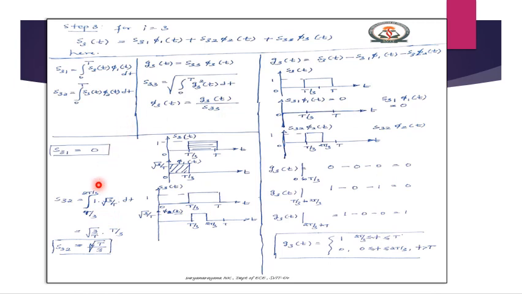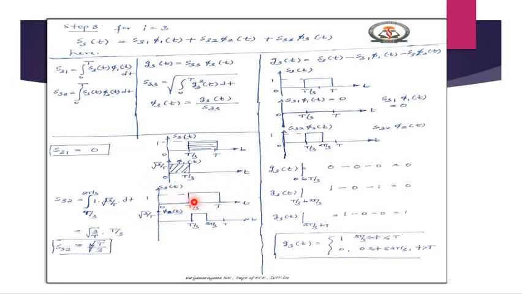Therefore, S32 equals the integration from T by 3 to 2 into T by 3 of 1 into root 3 by T into dt, and the respective waveforms are given here.